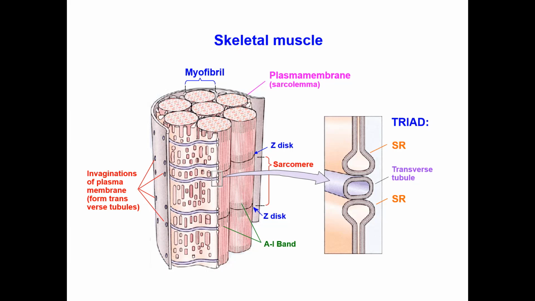Another name is excitation contraction coupling. Excitation relates to the electrical action potential, and contraction is the mechanical process. You see, in physiology, most of the things you know if you really look at the name. The name tells you a lot about what is happening there.